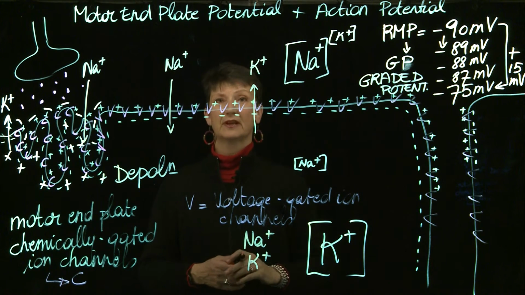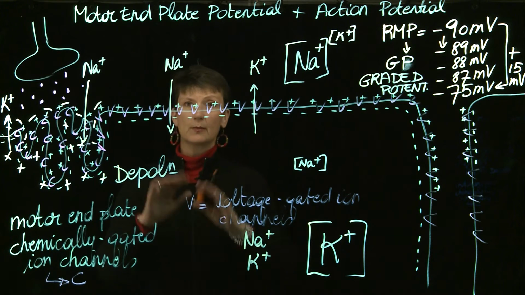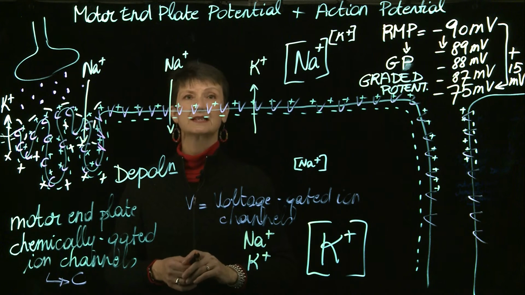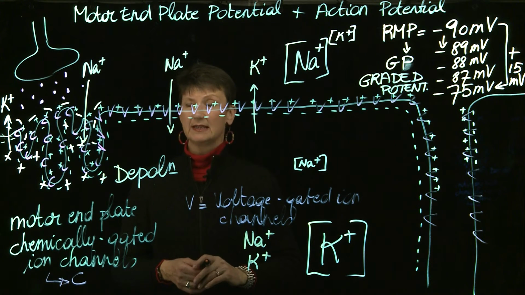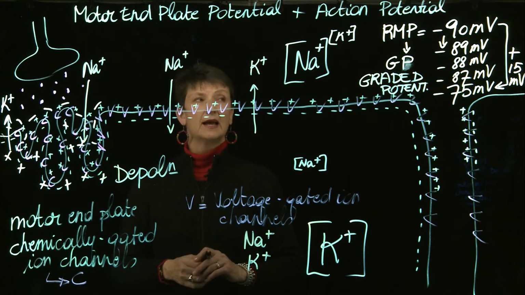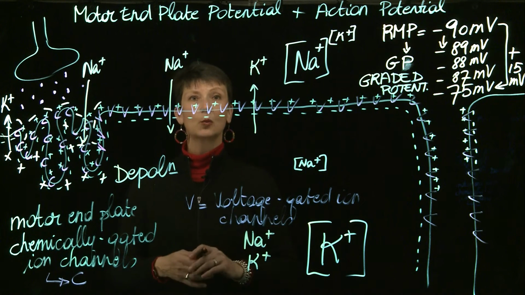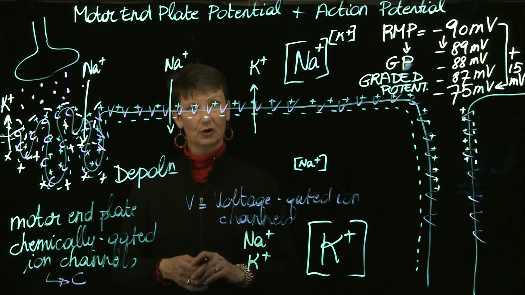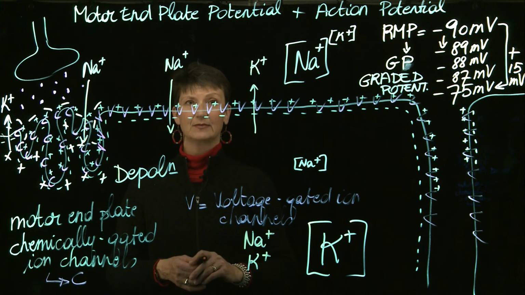Okay, now before we go to the voltage-gated ion channels, let me give this graded potential a more specific name. In our body, especially in the nervous system, there are graded potentials occurring as well, not just on our muscle cells. And depending on where these graded potentials occur, they get specific names.